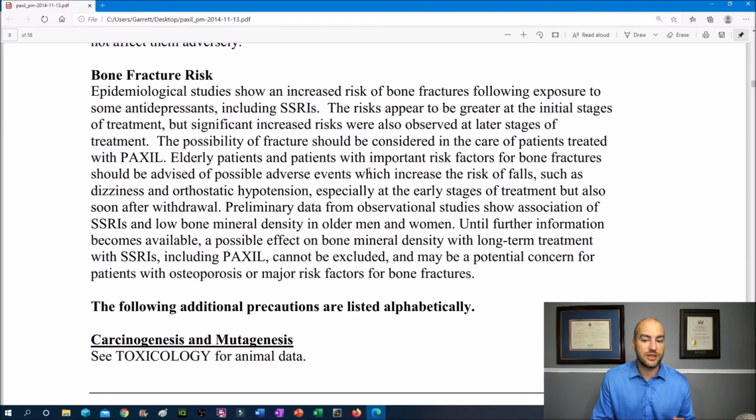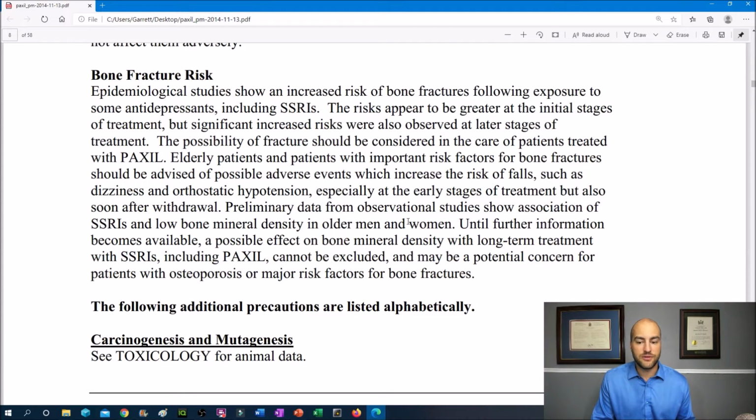Elderly patients and patients with important risk factors for bone fractures should be advised of possible adverse events which increase the risk of falls, such as dizziness or orthostatic hypotension. Orthostatic hypotension would be a sudden drop in blood pressure when going from a seated to a standing position, especially at early stages of treatment, but soon after withdrawal.